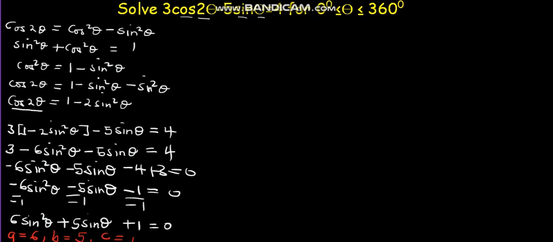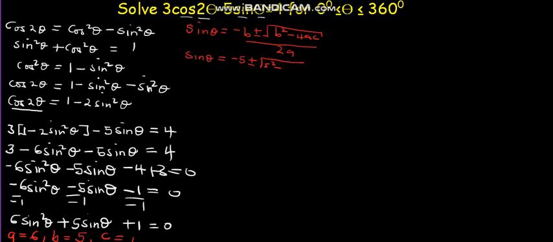We shall say that sine theta is equal to negative B plus or minus the root of B squared minus 4AC out of 2A. So we shall have sine theta as negative B, which is negative 5, plus or minus B squared, which is 5 squared, minus 4. What is our A? 6, and our C is 1, out of 2A.